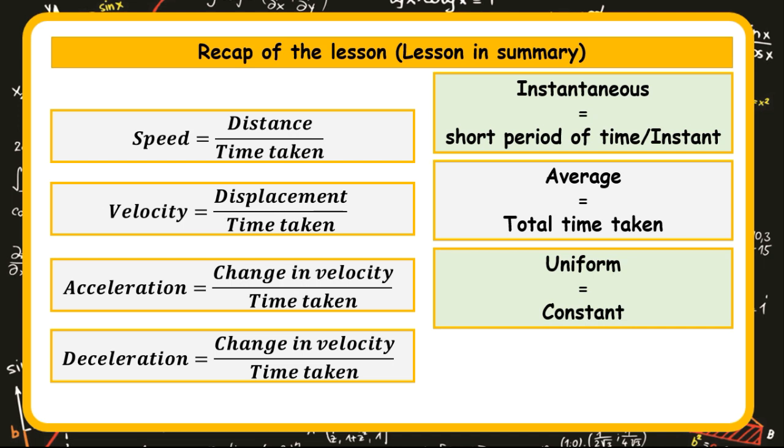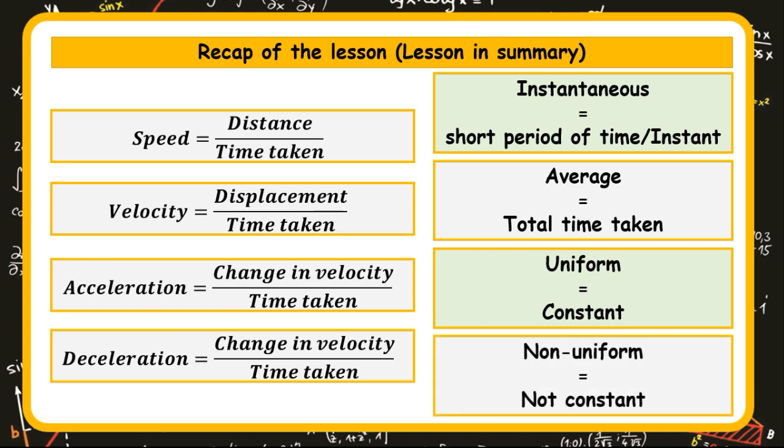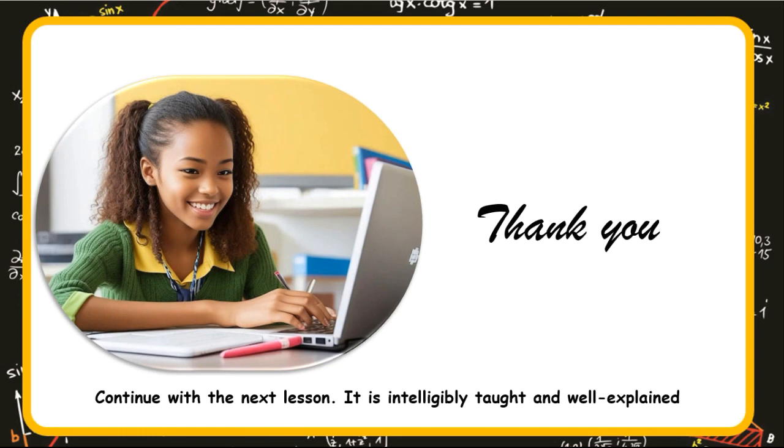Then we said uniform means when the rate of change of a parameter with time is constant. So you can say uniform speed when distance over time is constant, uniform velocity when displacement over time is constant, uniform acceleration when the rate of change of velocity with time is constant. Then the opposite holds for non-uniform, which is not constant.